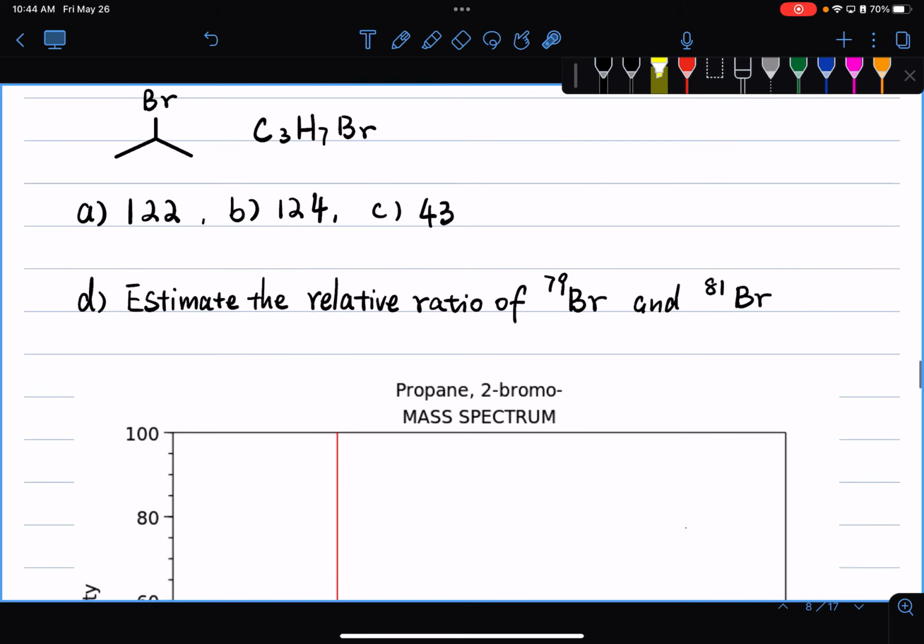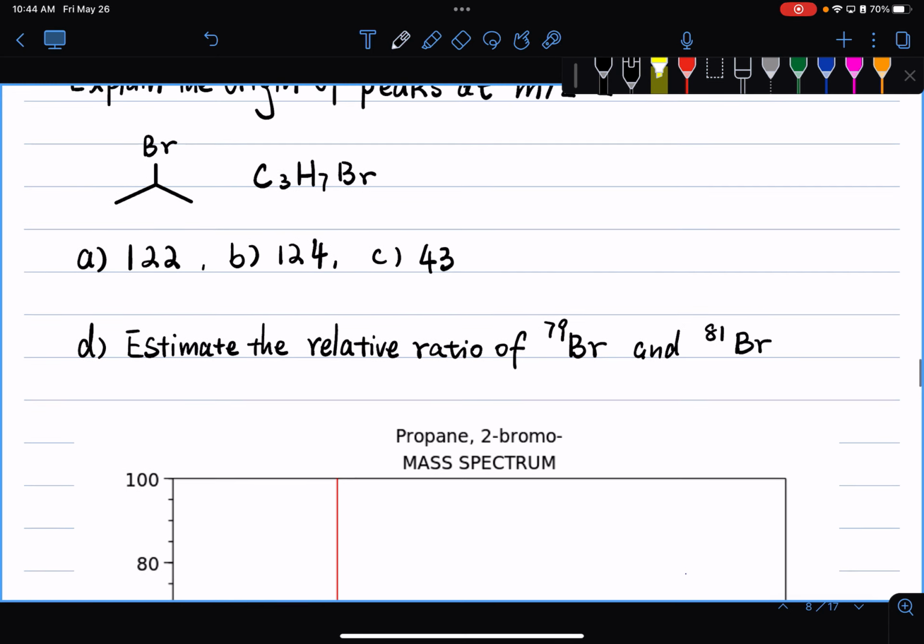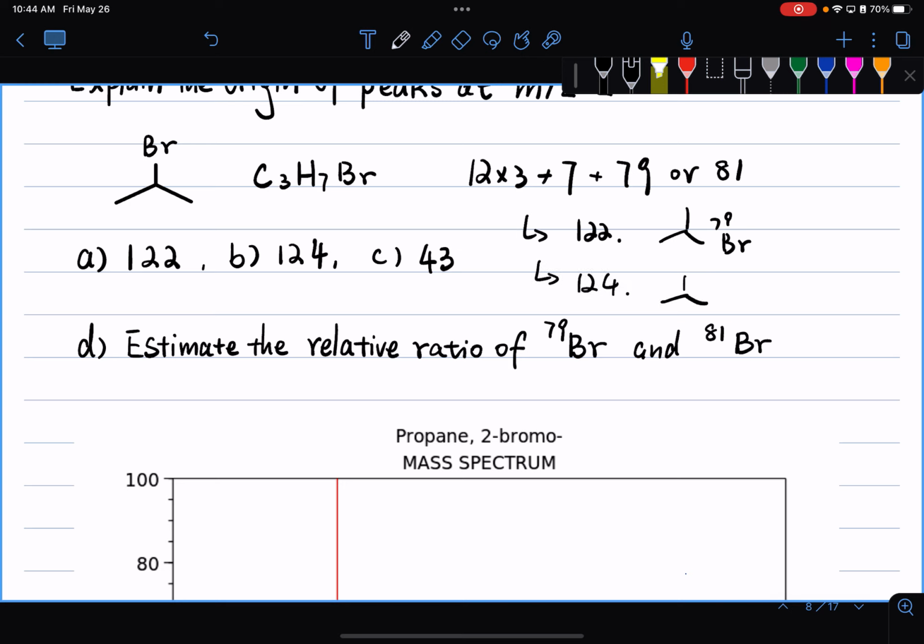In this molecule, we have C3, so that's 12 times 3, plus 7 for hydrogen, plus either 79 or 81. You can do that calculation to find out that 122 is the molecular ion with bromine 79, and 124 is the molecular ion with bromine 81. That's by simply calculating your molecular weight.